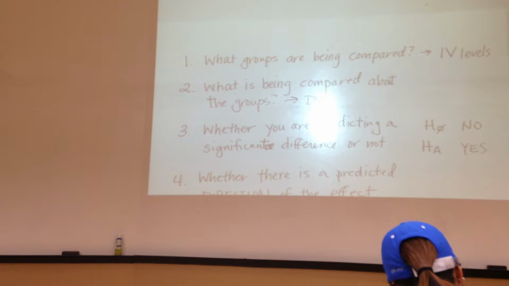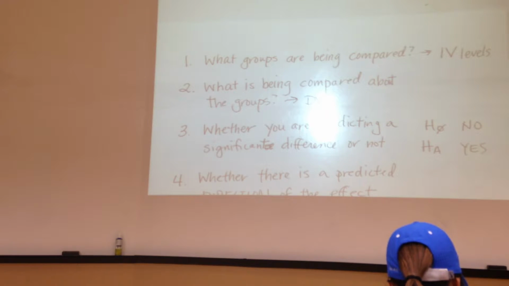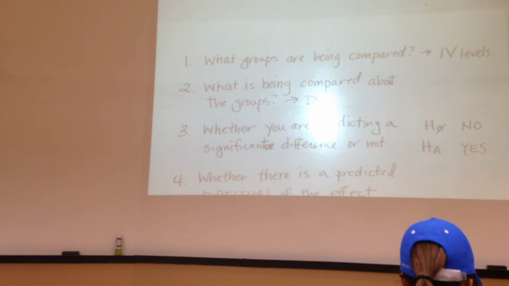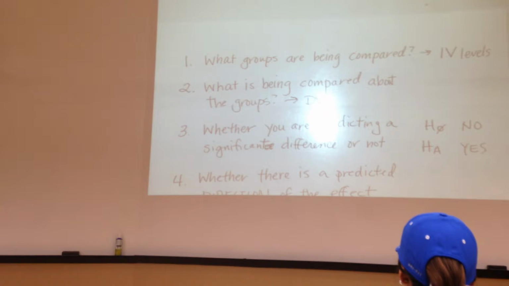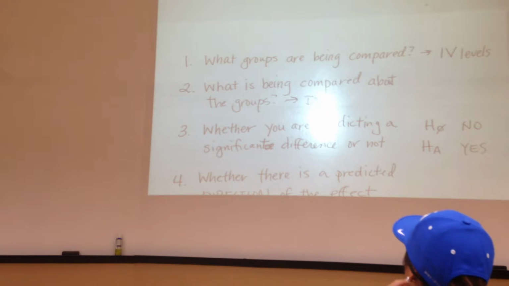If you're talking about an alternate hypothesis, you could predict that group A is going to have a higher score than group B, or group A is going to have a lower score than group B. You could make a really specific prediction like that. Those kinds of specific predictions will give you a one-tailed test.